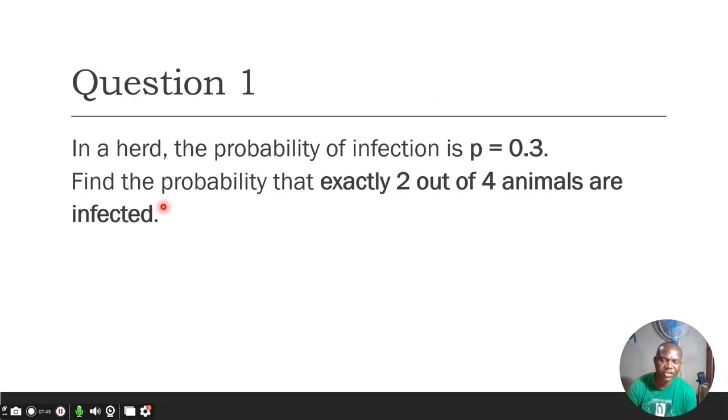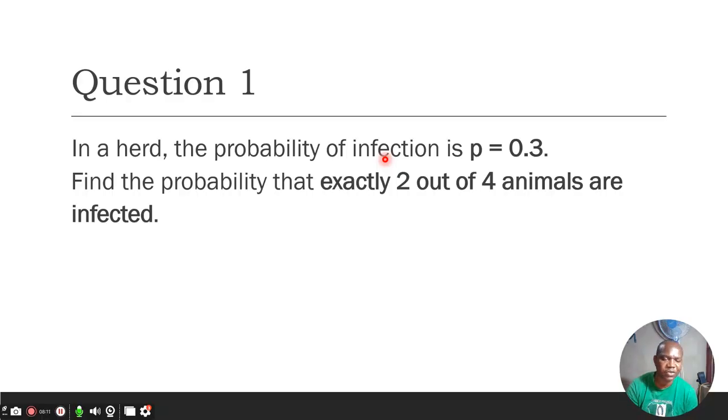Now let's look at questions this time around. In a herd, the probability of infection is p equal to 0.3. Here we are given the probability of success. And recall that the outcome of interest is infection, and that describes our success. So when there's an infection in a particular herd, that is a desired outcome.